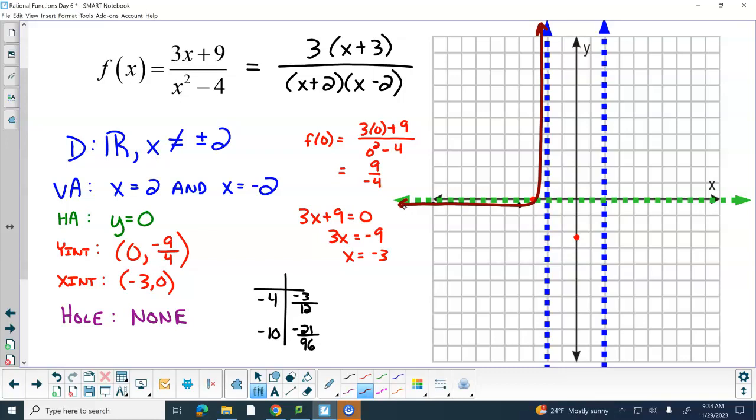Middle zone now. Try -1. 3 times -1 plus 9. -1 squared. Next is 1, right? Minus 4. 6 divided by -3.